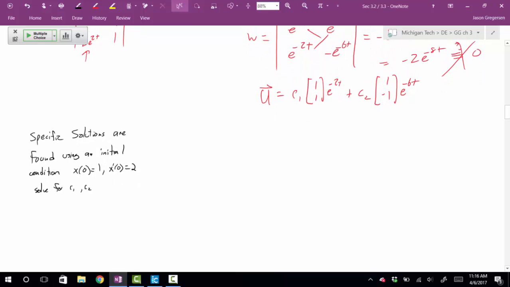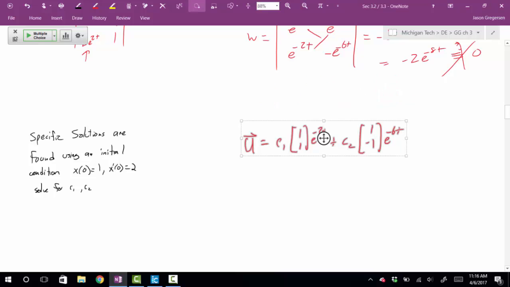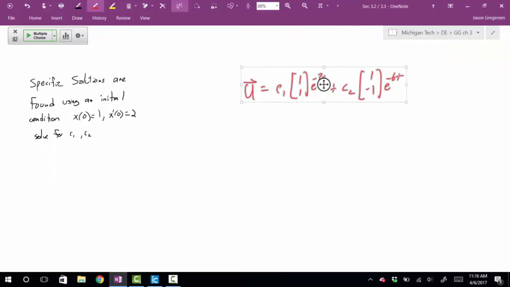All right, so over here, for higher order, we get some conditions that might look like this. And we would plug in our conditions, apply our conditions to solve for the constants. Same thing with systems. Over here in systems, though, we might have a condition that looks like this: u of 0.